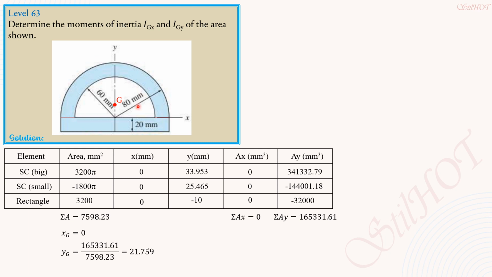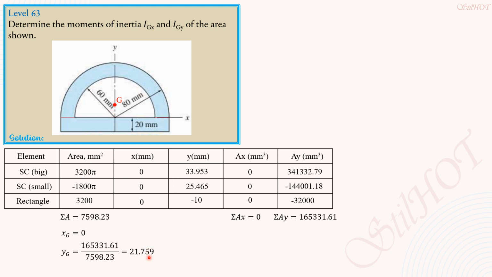Then for moment of inertia, IGX, for the semicircles, it is 0.10976 radius to the fourth. Then we transfer it, so plus area of the big semicircle times distance square, the distance between its centroidal x-axis and the centroidal axis of the entire area.